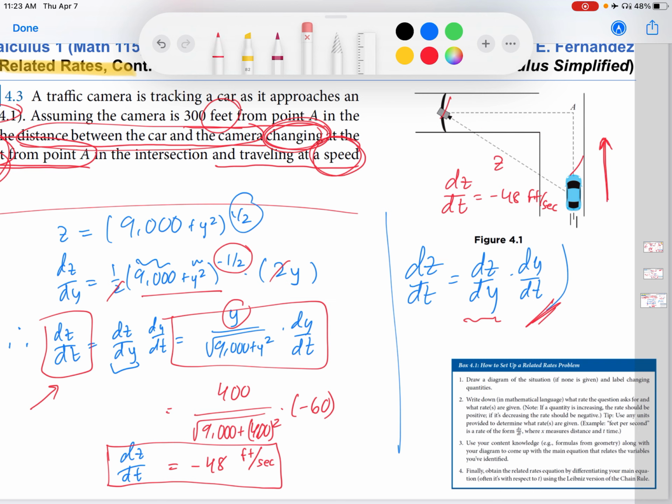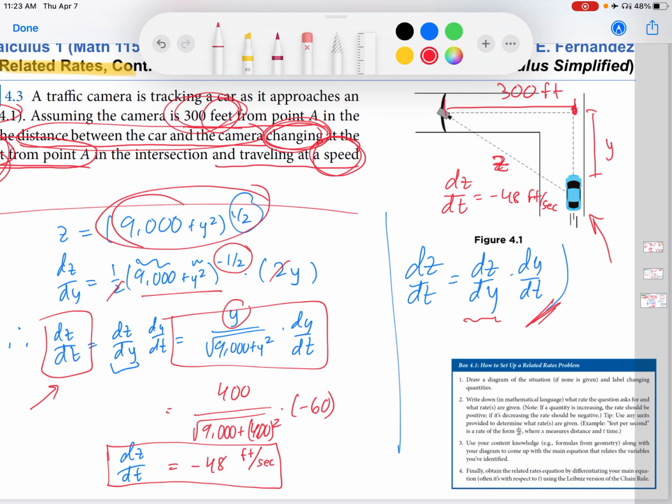And it should make sense to you, because as the car travels up, you take it to the limit, if you will, when the car actually reaches point A, we know that it was going to be 300 feet away from point A. We were given that information in the problem, right? But where the car is right now as pictured, the camera is 300 feet from point A, and the car is y feet from point A. And the Pythagorean theorem tells us that z, therefore, is equal to the square root of 300 squared plus y squared.